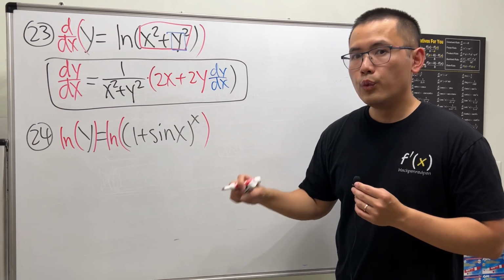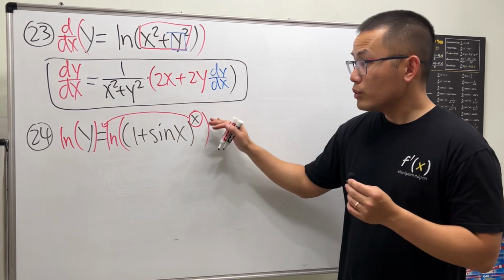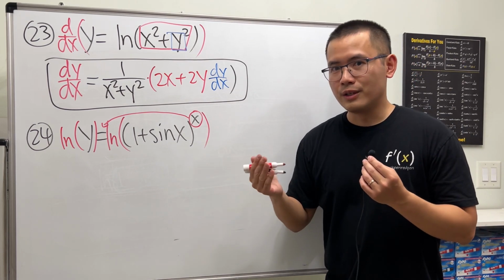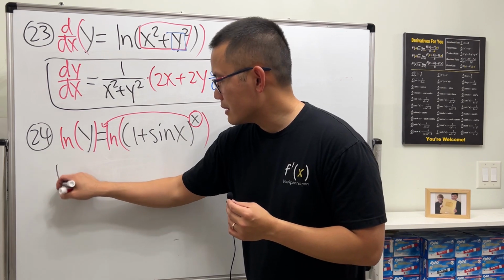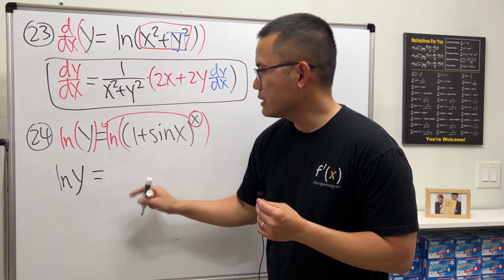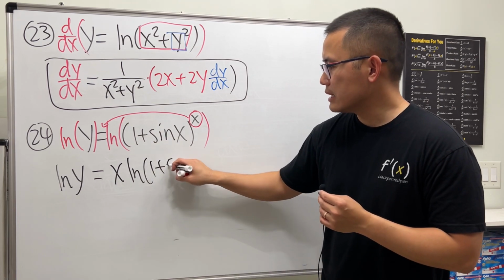Because this way, we can use the log property, bring the power to the front. But do not minus 1, because this is just the logarithm property. So this equation becomes ln y equals x times ln of 1 plus sine x.